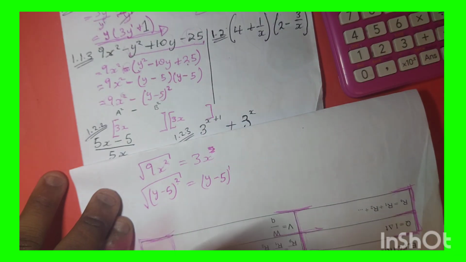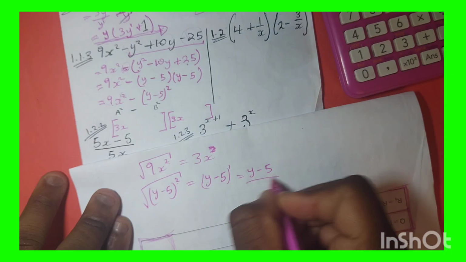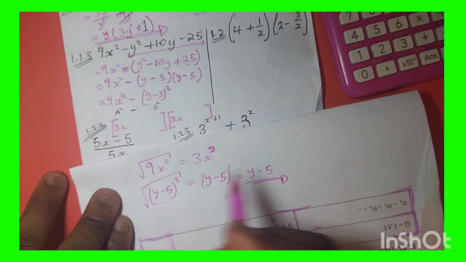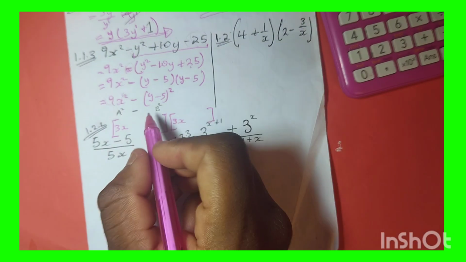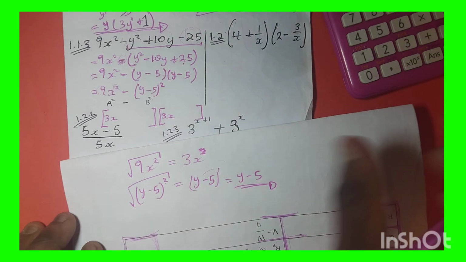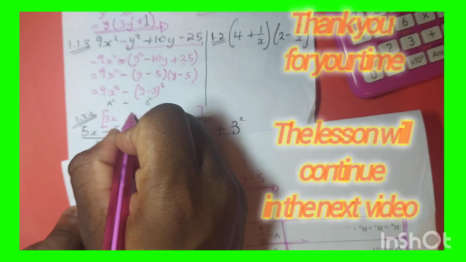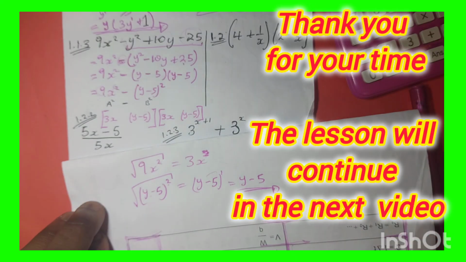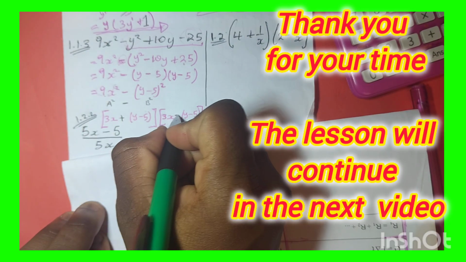Do you see? But that 1 will be invisible, meaning it is the same as this one, by the way. So this is what I will do, but I will take it from here. I have a reason why I take it from there. If I take the square root of this, let me show you how you write it. When you take the square root of that, this will be y minus 5, close. And because it's the difference of two squares, you'll say plus and negative there.